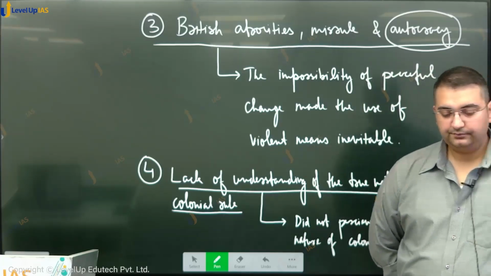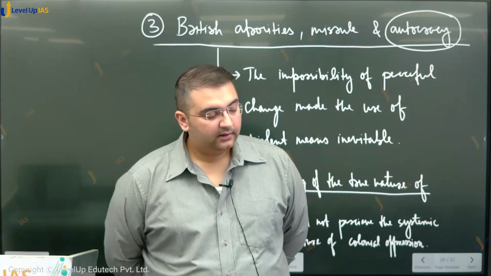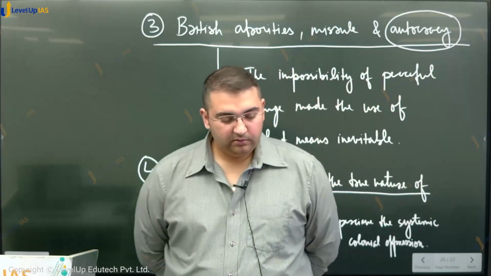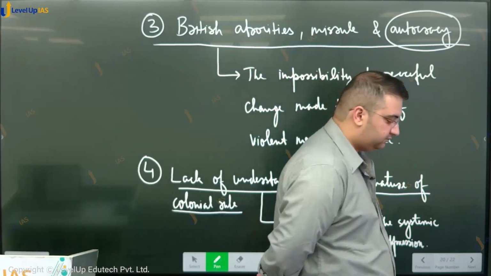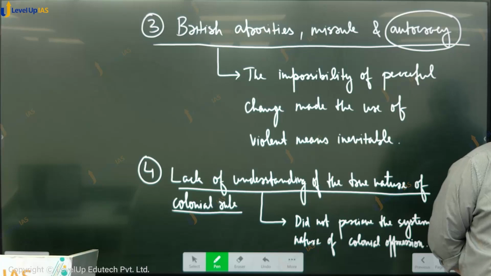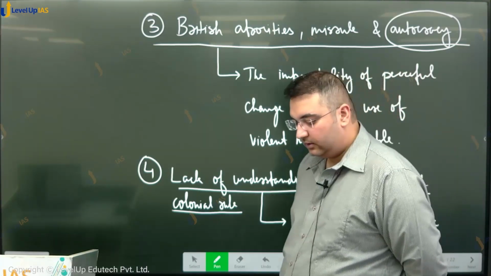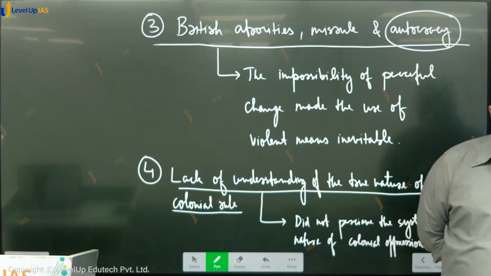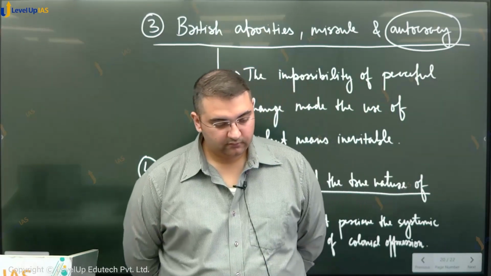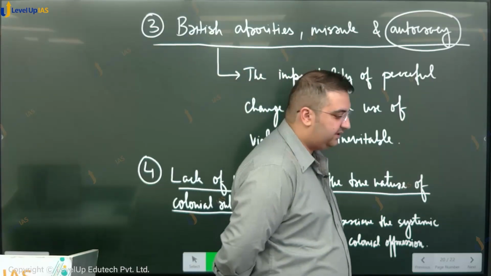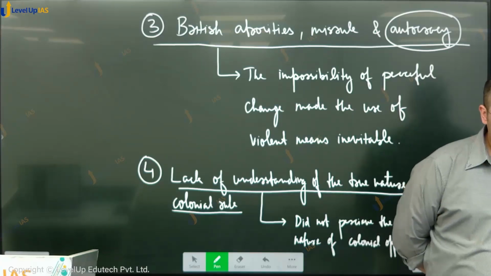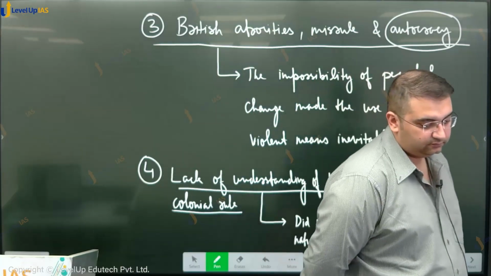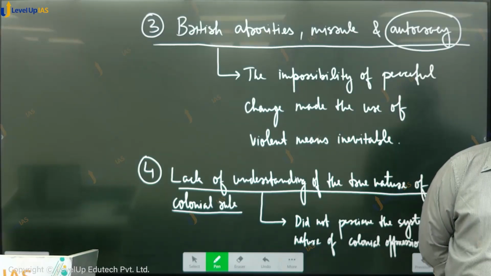They felt that the assassination of a few unpopular British officials would terrify the British enough to grant Swaraj, or to leave India. Full stop.